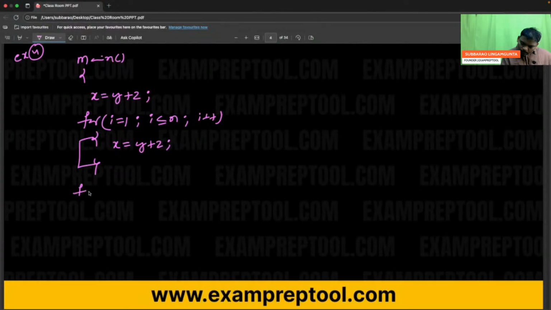For i is equal to 1, i less than or equal to n, i plus plus.